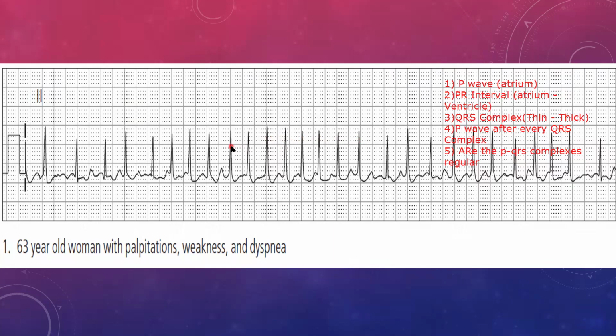I don't know if anybody would like to venture a guess as to what's going on with this patient. The one thing I can tell you is that on this particular patient, if you were to look at your SATS monitor or your ECG monitor, you'd get very odd readings as far as your heart rate goes.